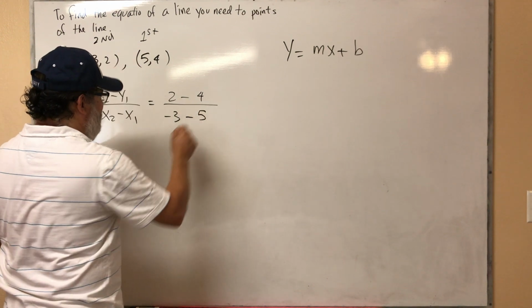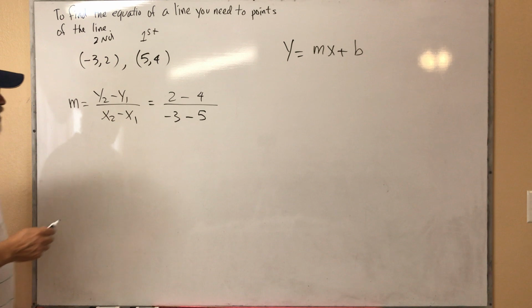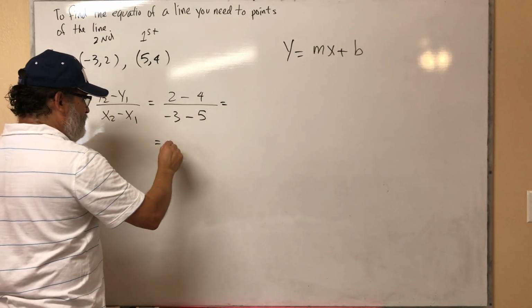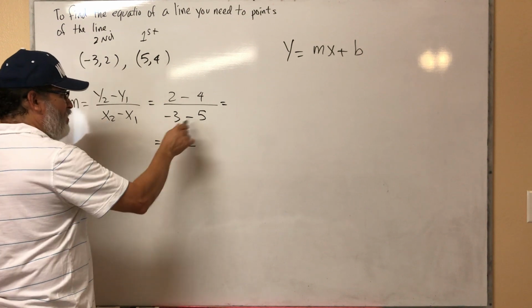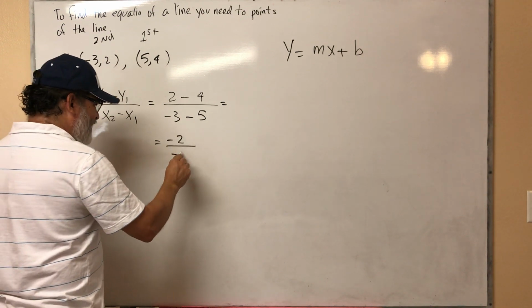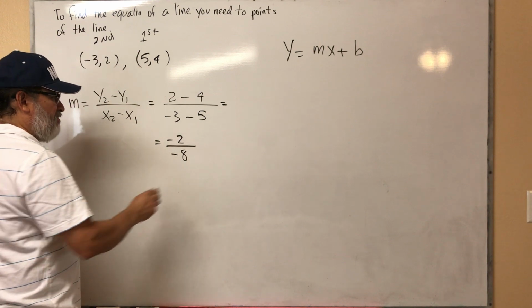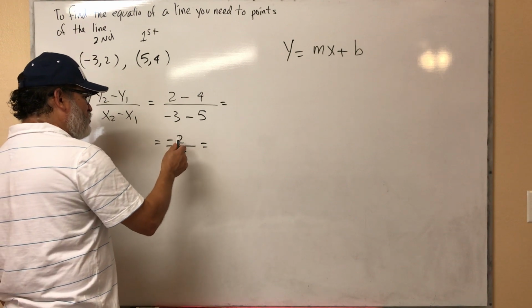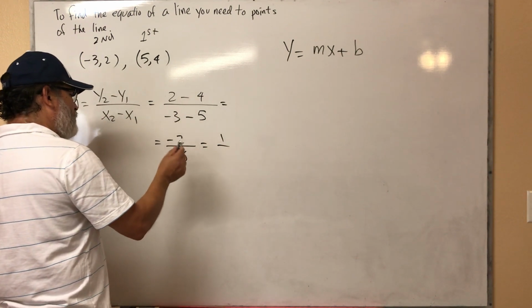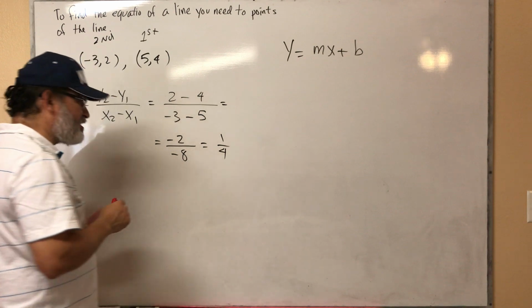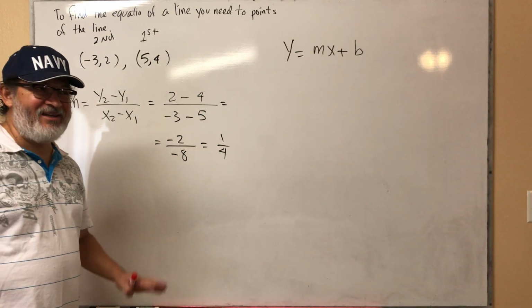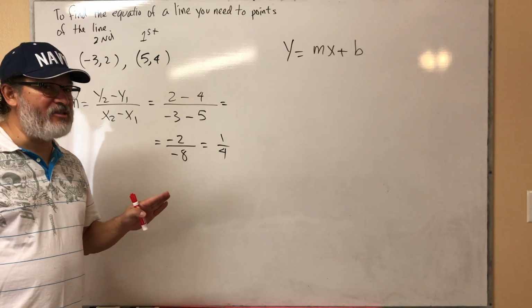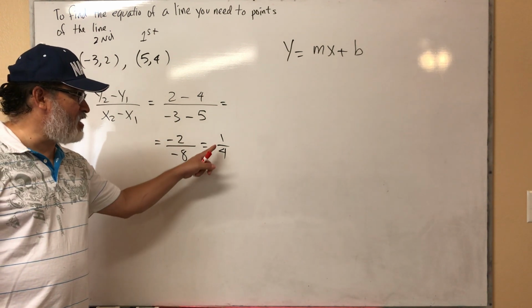Now simplify: that's 2 divided by 8, which is 1/4. The slope is 1/4. This line is increasing, but not very fast because the slope is less than 1.